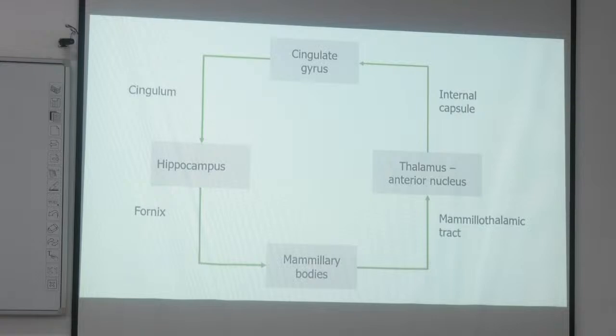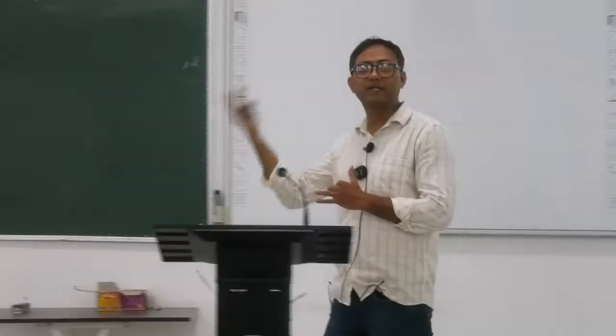So we can start with the hippocampus. Do you remember the hippocampus from my class on memory processing? I told you many times that the hippocampus is the gateway of memory. It is the area where short-term memory is converted to long-term memory.